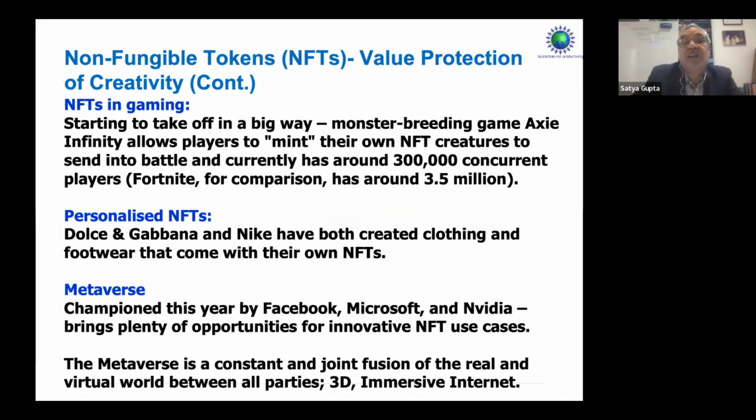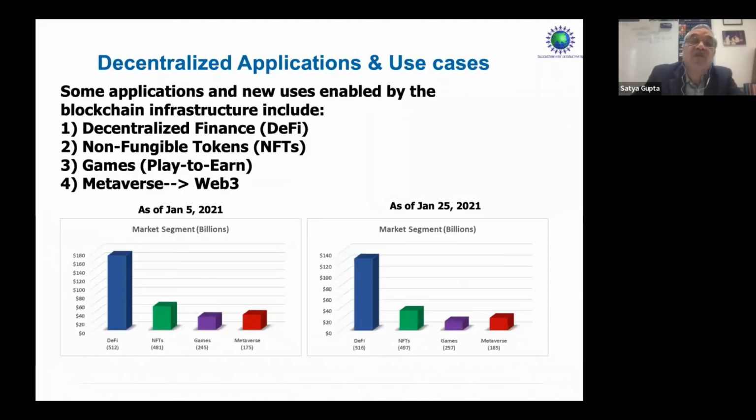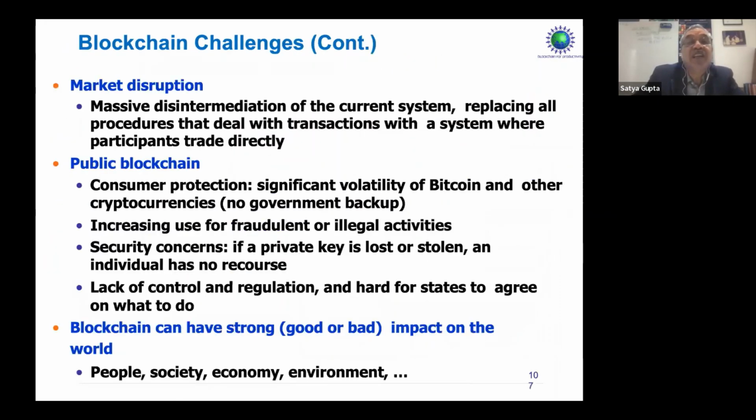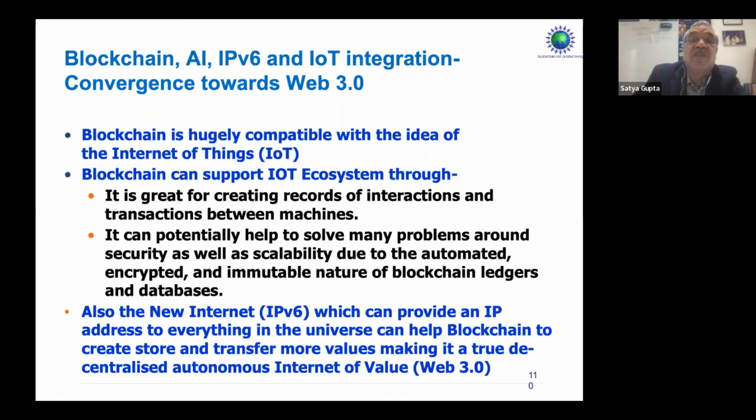So it is the future. It is not there yet. It will take about 5 more years. And that is the future of blockchain. Web 3 is part of it. It will make use of blockchain, AI, IoT, and IPv6. I'm working on all these to bring Web 3 as a concept, but it will take a lot of time before you get Web 3.0.